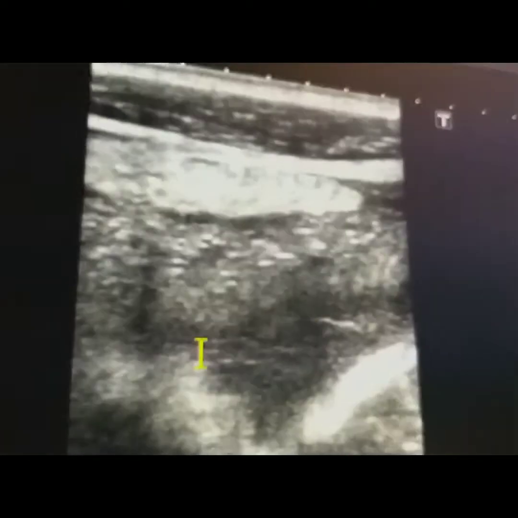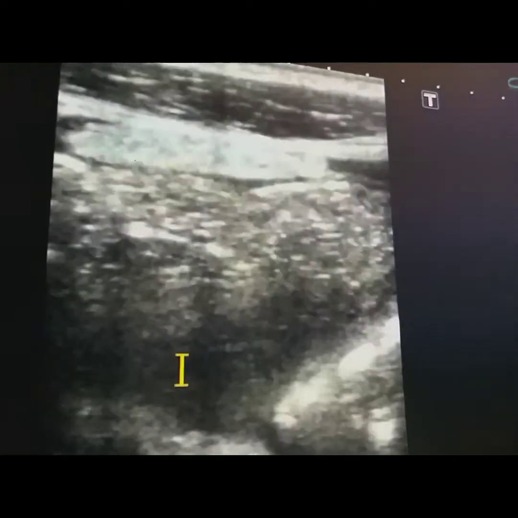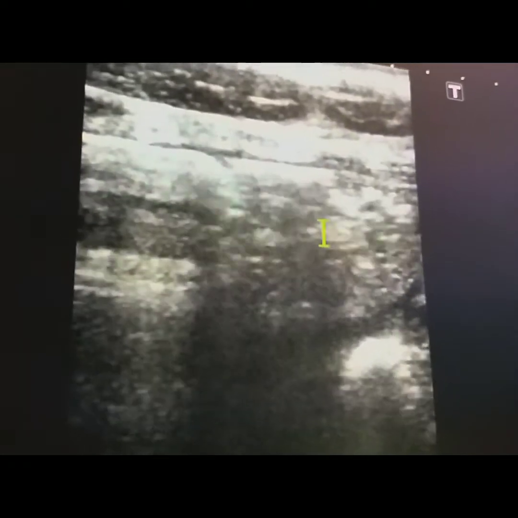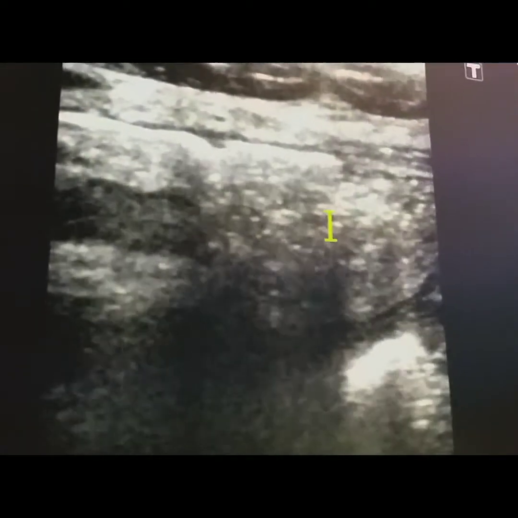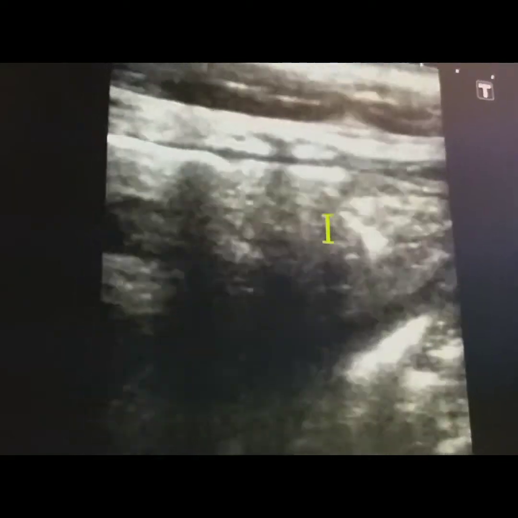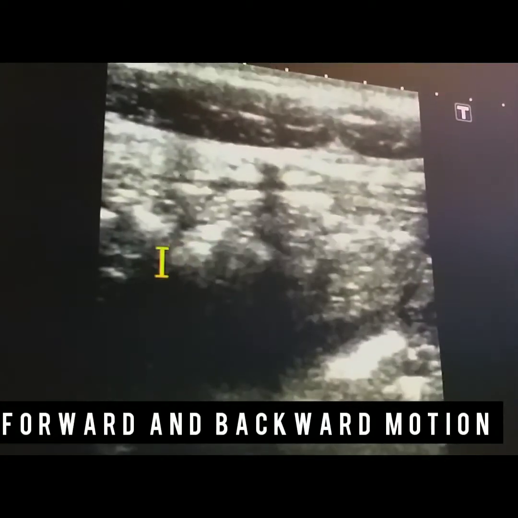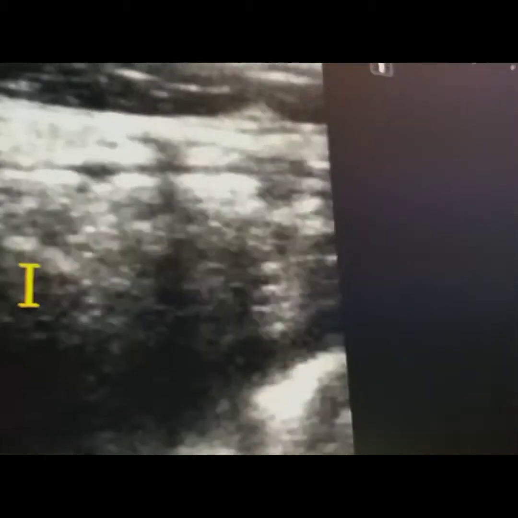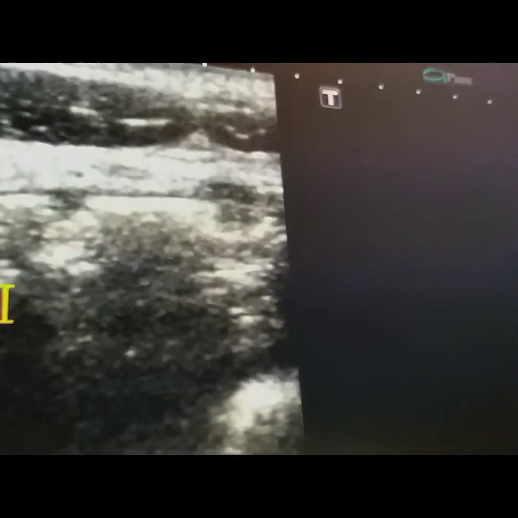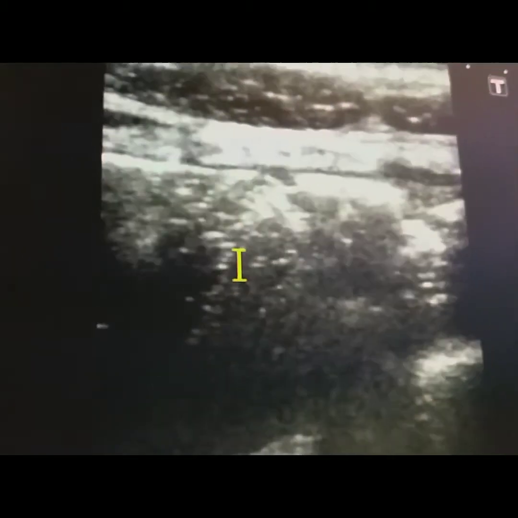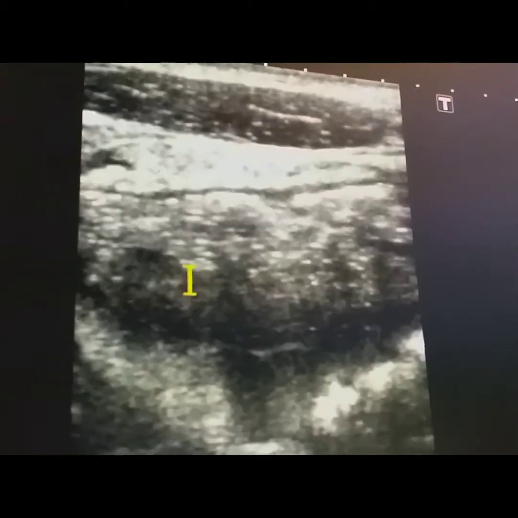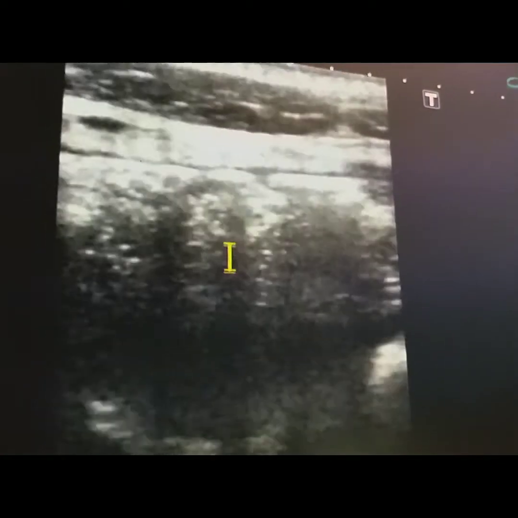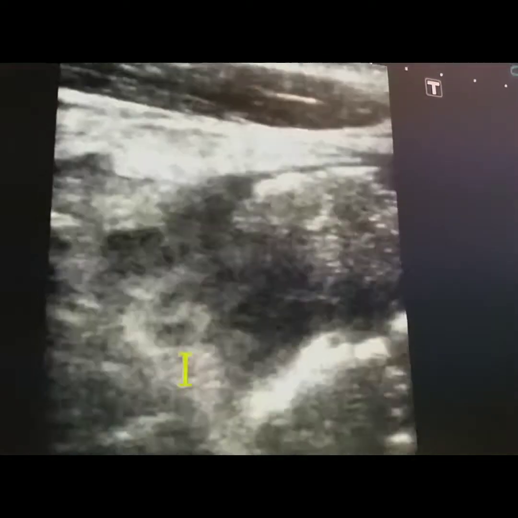And look at the movement of the intraluminal contents, which have forward and backward flow of the intraluminal particles.